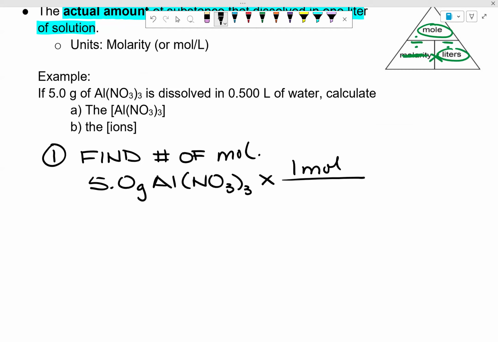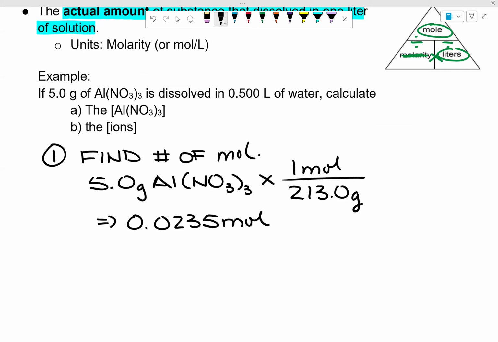Aluminum on the periodic table is 27, nitrogen is 14 times 3, and oxygen is 16 times 9. So this would be 213.0 grams. Taking 5 divided by 213 gives an answer of 0.0235 moles.